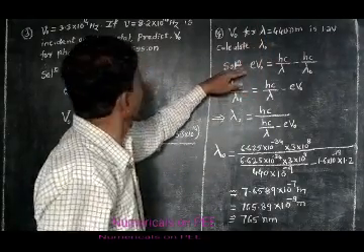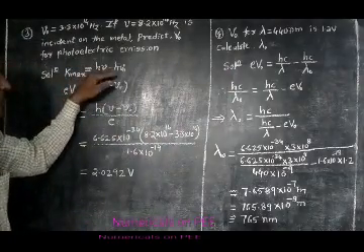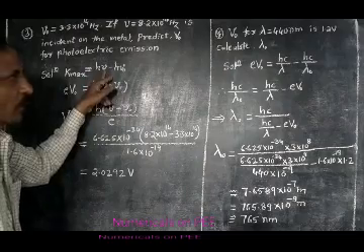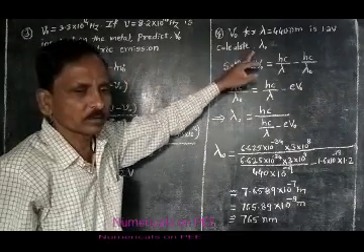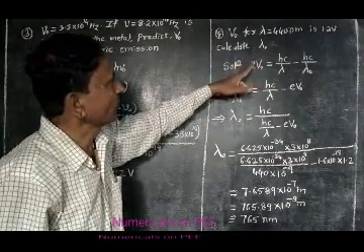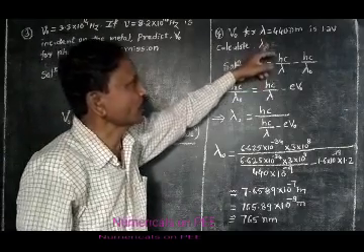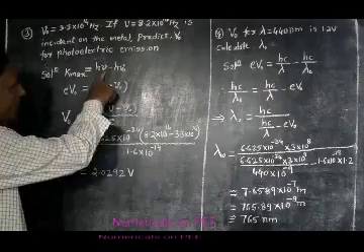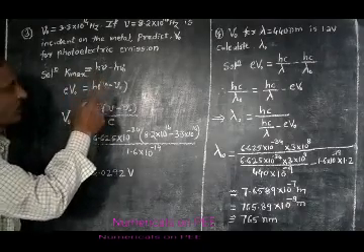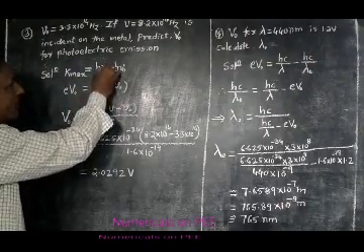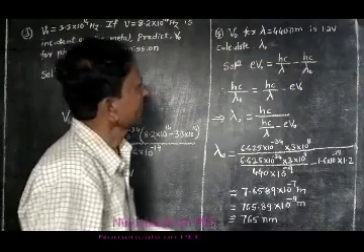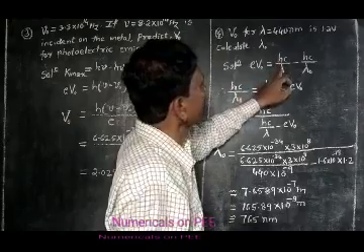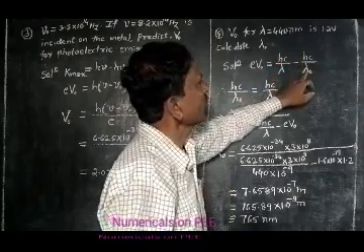We know that K maximum equal to h nu minus h nu naught, but nu equal to c by lambda. Here nu or nu naught is not given, lambda is given and lambda naught is asked. Hence replace nu by c divided by lambda. Hence e V naught equal to hc upon lambda minus hc upon lambda naught.